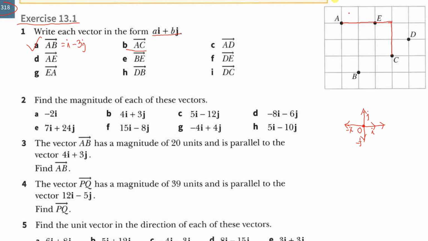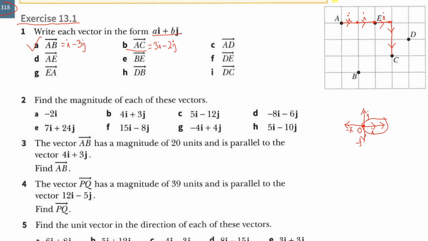How much right did we travel? Here i, then i, then i, 3i in the rightward direction. And downward 1, 2. So we can express this as 3i minus 2j, in terms of i and j.